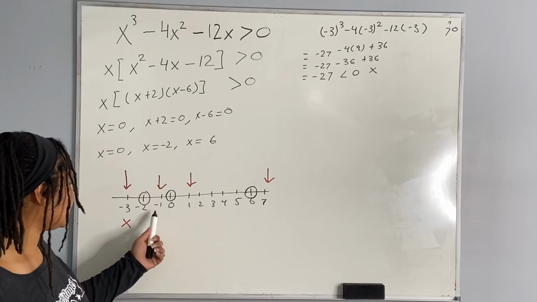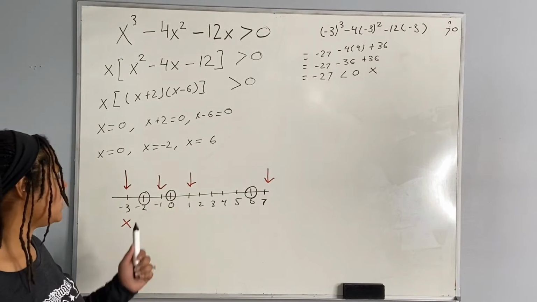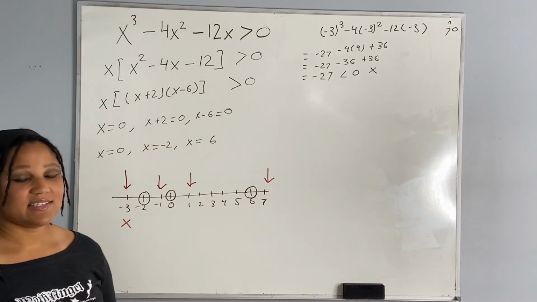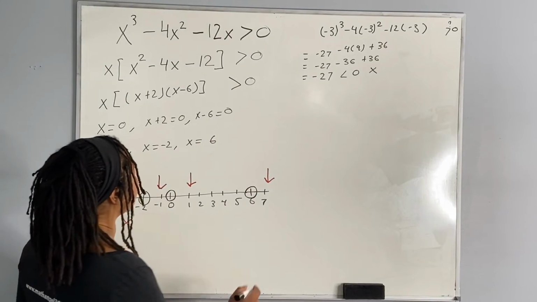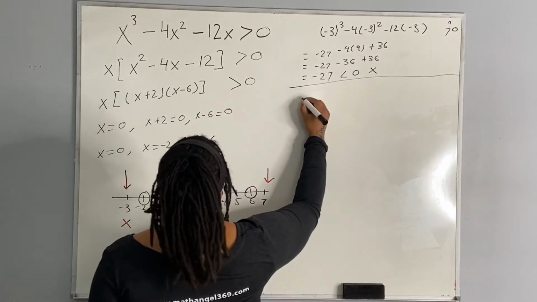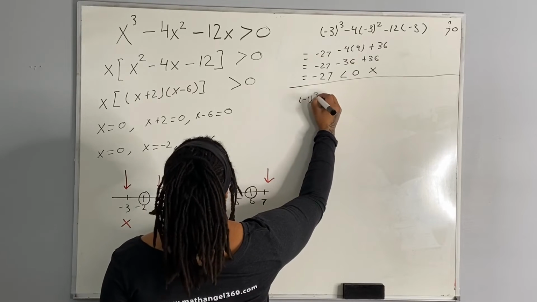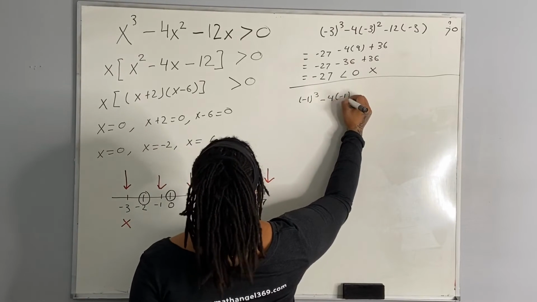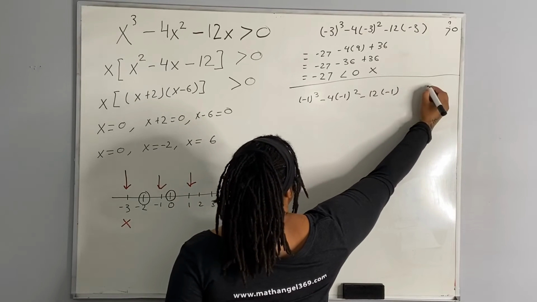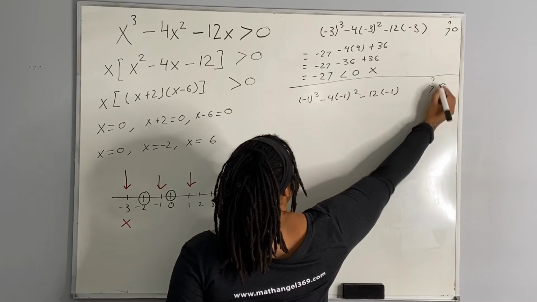Now let us plug in negative 1, because negative 1 is between negative 2 and 0. If I plug in negative 1, we get negative 1 cubed minus 4 times negative 1 squared minus 12 times negative 1. And we want to ask ourselves, is it greater than 0?